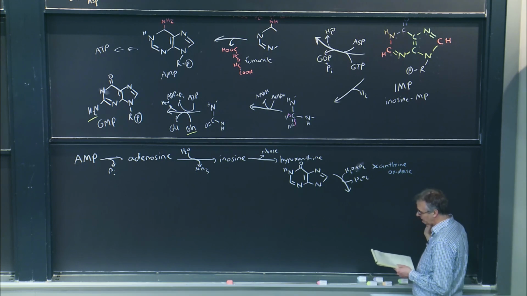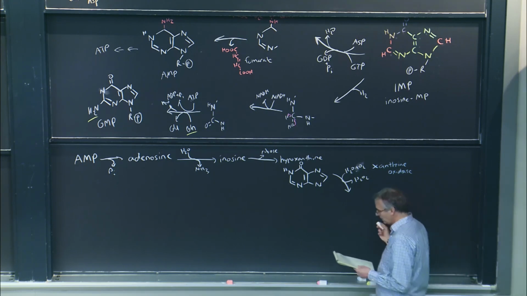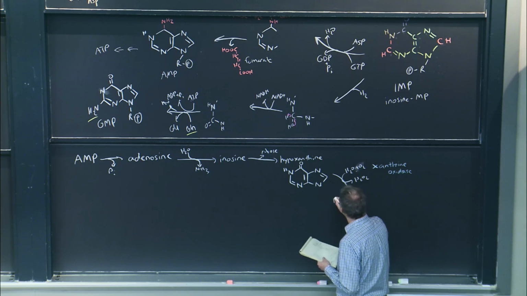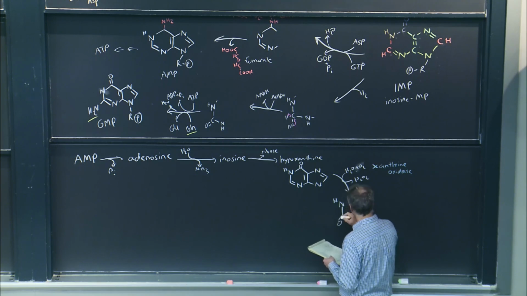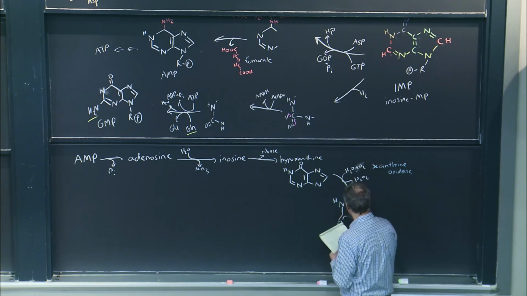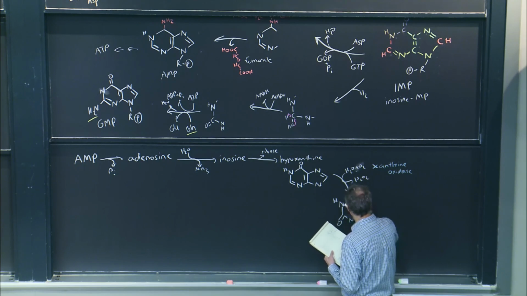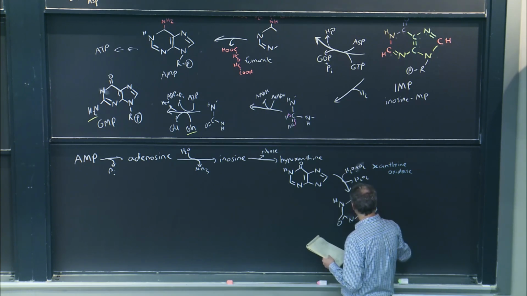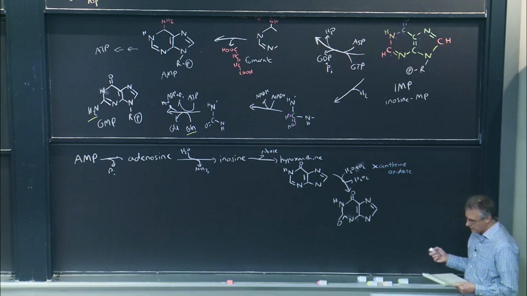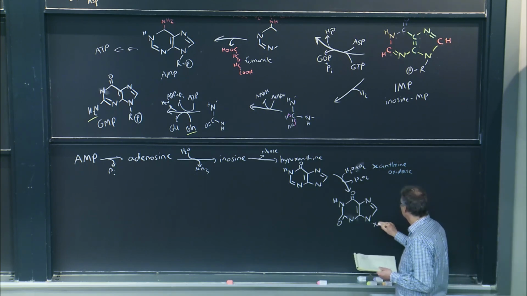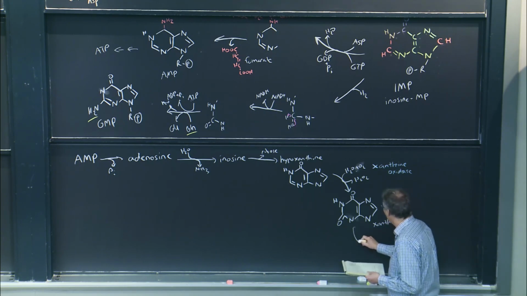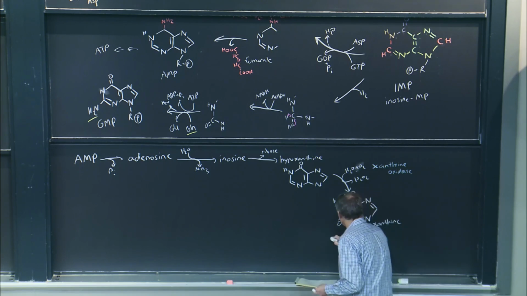A complex redox reaction we don't have time to get into ends up generating this purine base. Okay, this purine base is xanthine.